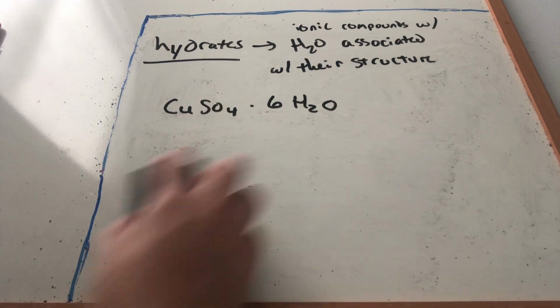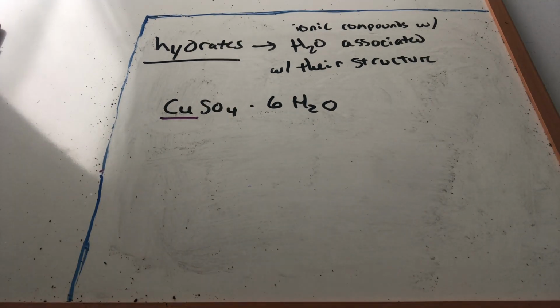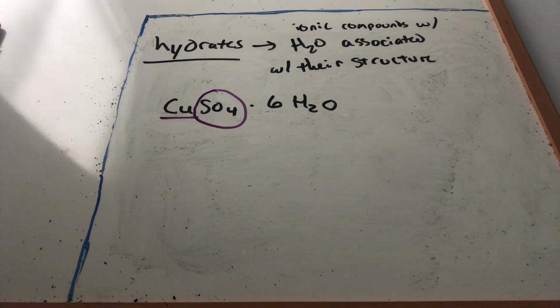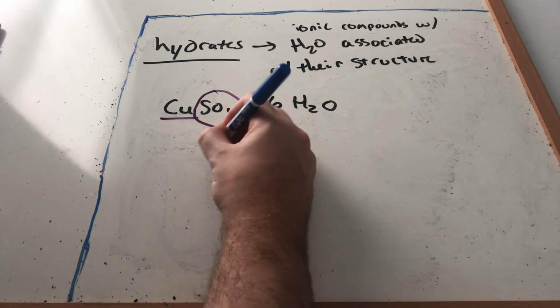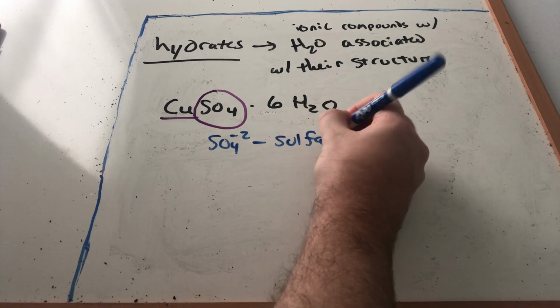Let's go through the whole thought process. Do I see a metal? Yes. Is it a transition metal? Yes. So that means I'm going to name this with a charge included in the name. What is that metal attached to? It's attached to an SO4. I've memorized that SO4 has a -2 charge, and it's sulfate.